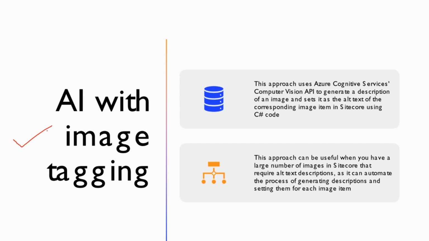Then you have to fetch the NuGet packages, and then you can create an instance of the computer vision client class with your subscription key and endpoint, and then you can call the analyze image method that it provides to get the description of an image.